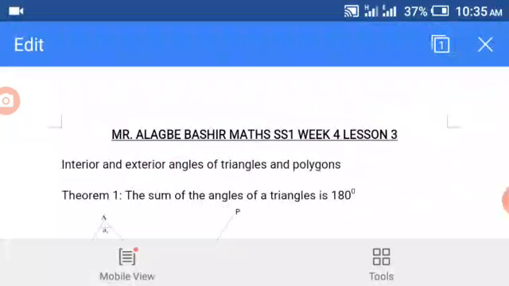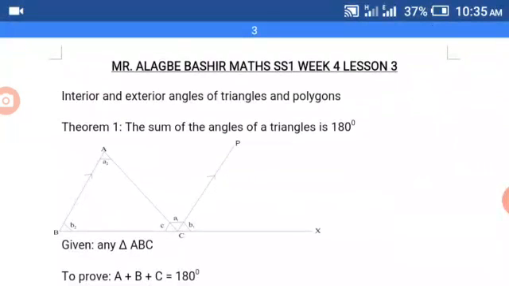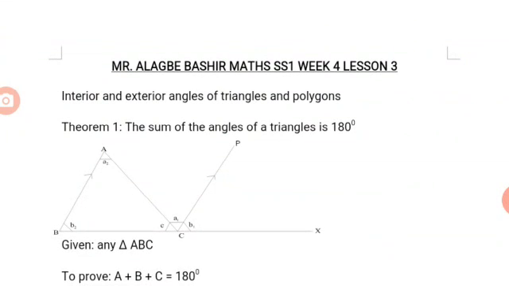So we discussed the sum of angles, that is the interior and the exterior angles of triangles and polygons. We looked at theorem number 1, that the sum of the angles of a triangle is 180. Is that clear? We all know that. And under this, I made you know what to call alternate angles.